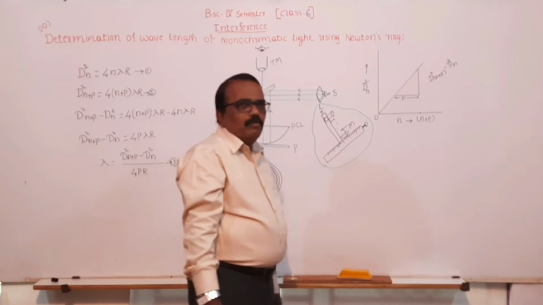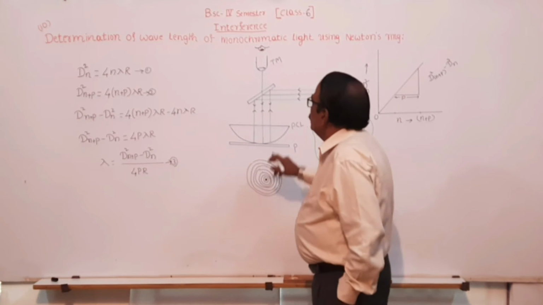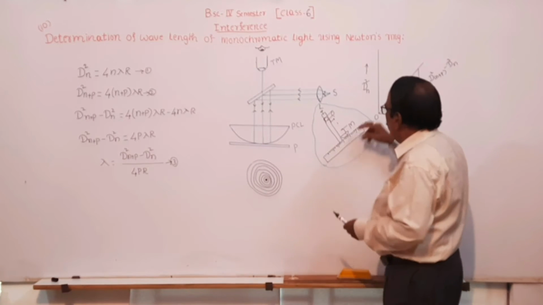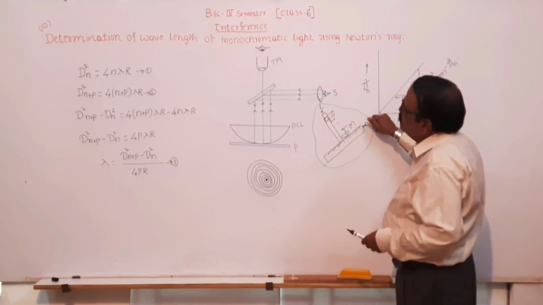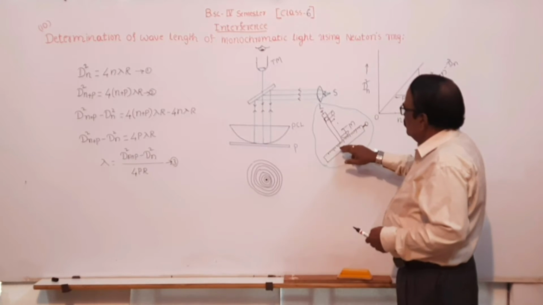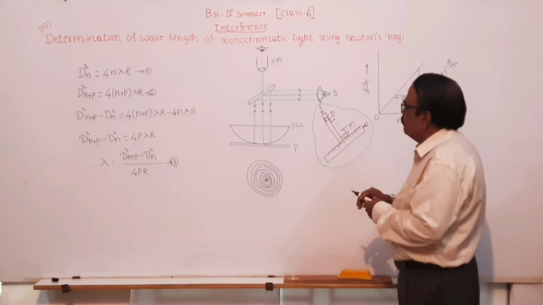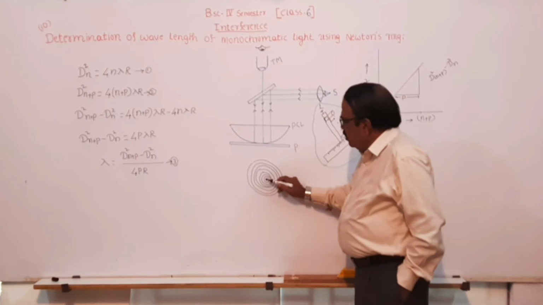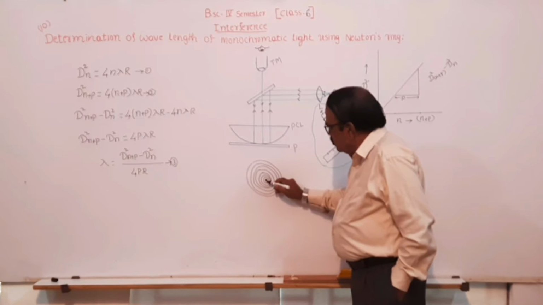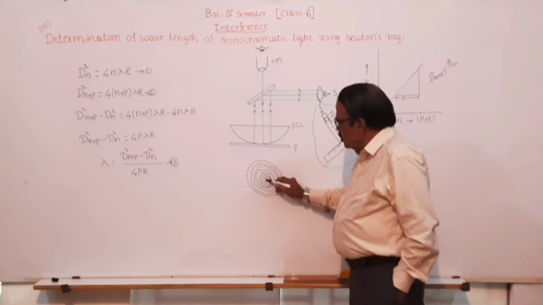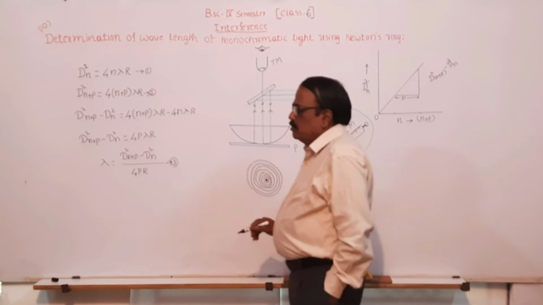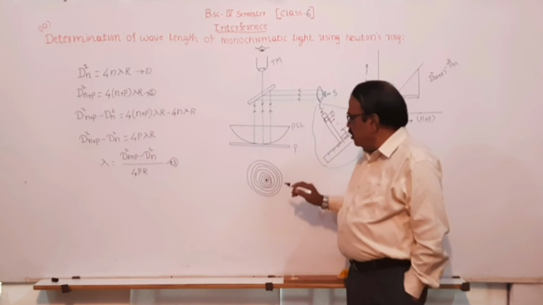Then how to find out lambda? So in this travelling microscope, by rotating this head, this carriage is brought exactly at the center, which means the center is the 0th ring.